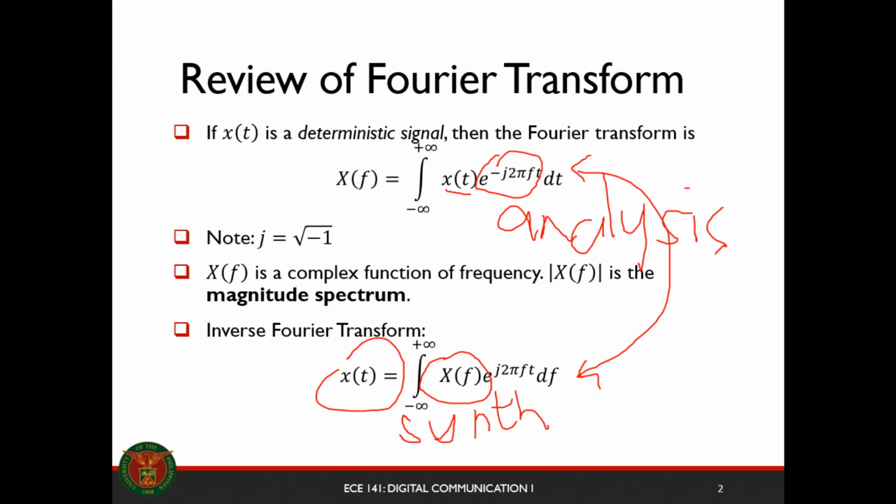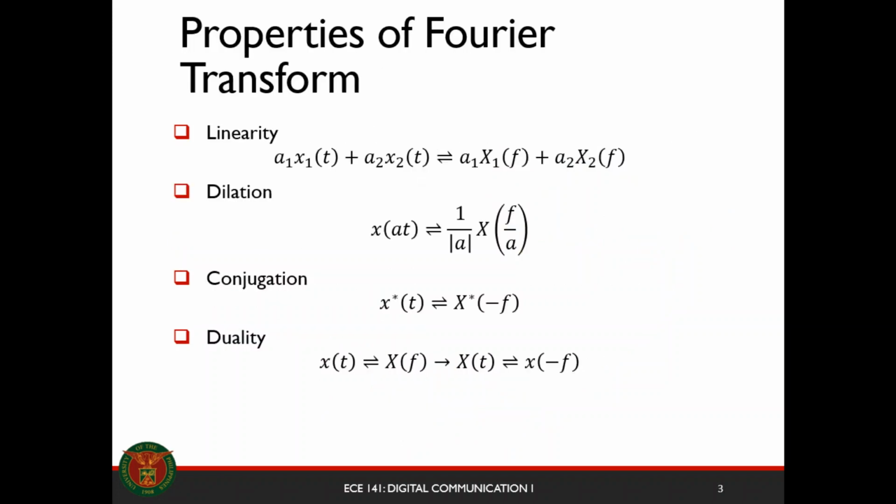Some properties of the Fourier transform include linearity. If you have two signals scaled and added together, their corresponding Fourier transforms would be scaled and added to create the Fourier transform of the added signals. Time dilation: the time dilation property is that if we compress time inside our deterministic function, its Fourier transform would be wider.